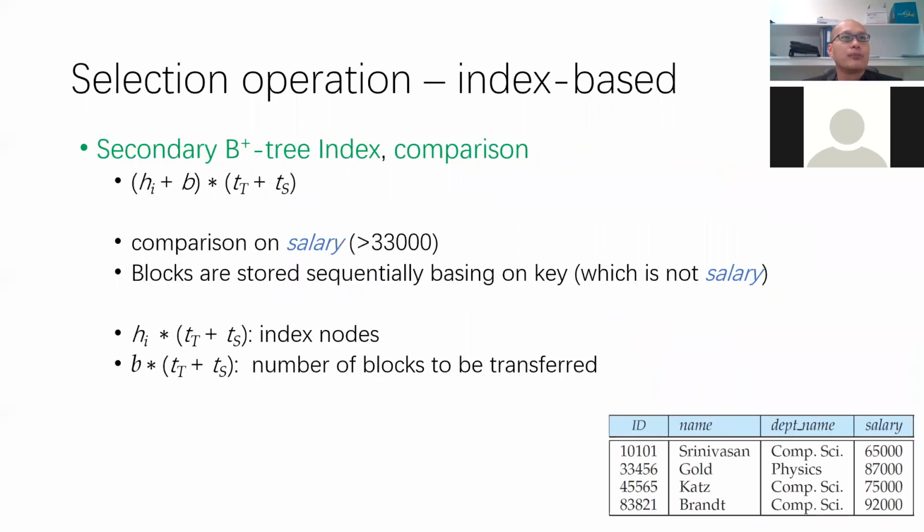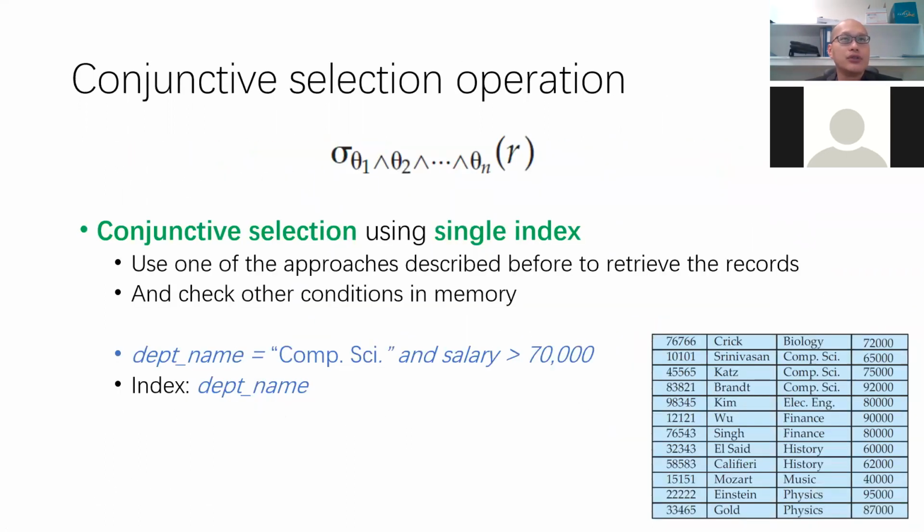So we stopped over here at conjunctive selection operation. Conjunctive means that we have a few conditions, theta 1, theta 2, all the way to theta n. These are the different conditions, and all of the conditions must be fulfilled.